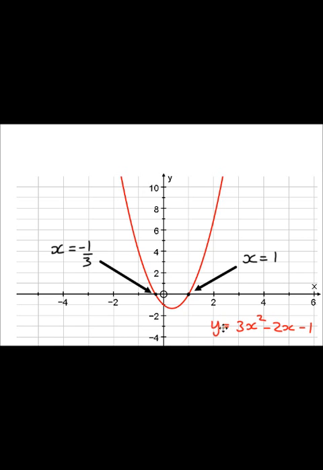The reason we're solving that equation being equal to 0 is because the y-coordinate on the curve is 0 here and here. So by solving this equation being equal to 0, we've worked out the x value equals 1 at this point, and the x value at this point is equal to minus a third. These are the roots or solutions to our equation.